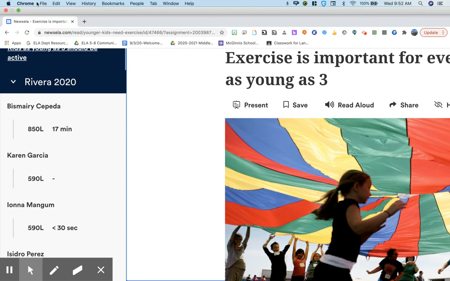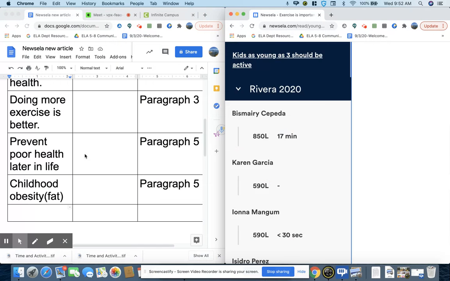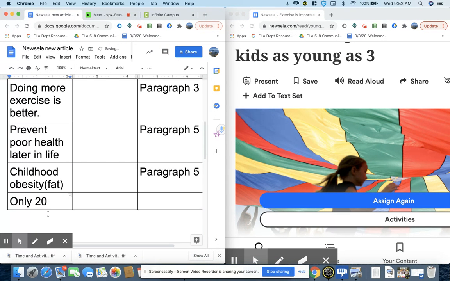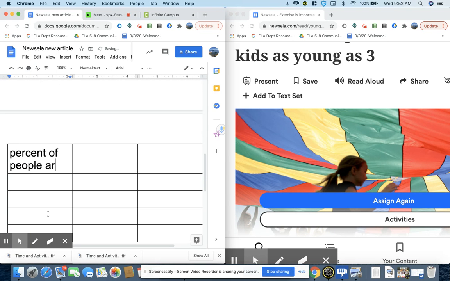The fact that it's only 20% exercise. So only 20% of people are exercising.